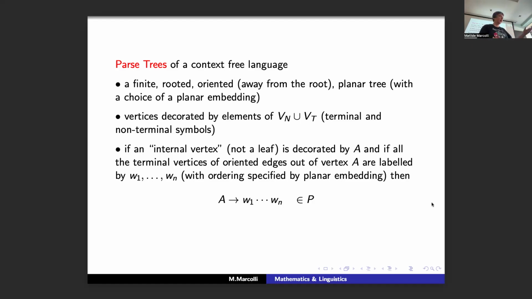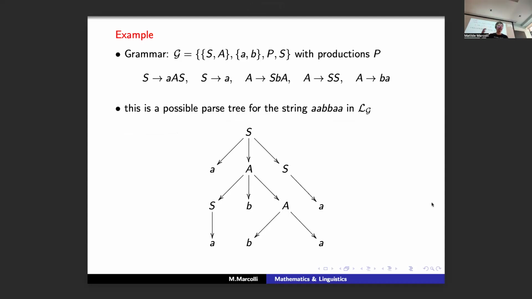You read off the leaves, and since the tree is planar, there is an order in which you can read the leaves, and that gives you the string that is produced by this derivation. This is the same example that I showed before. When you have a production like this, it means you have a vertex that has tree branching, and the nodes underneath are labeled by what you have in the corresponding string, and so on.